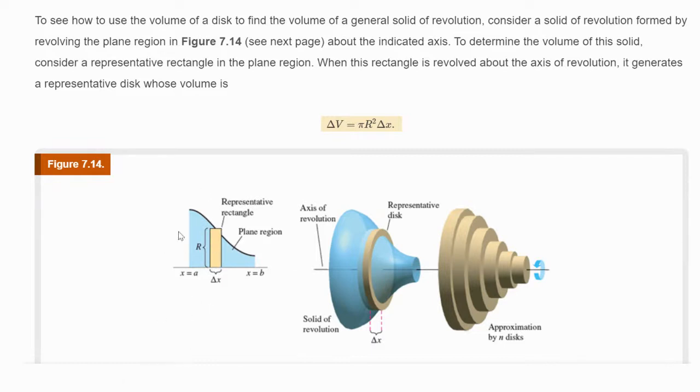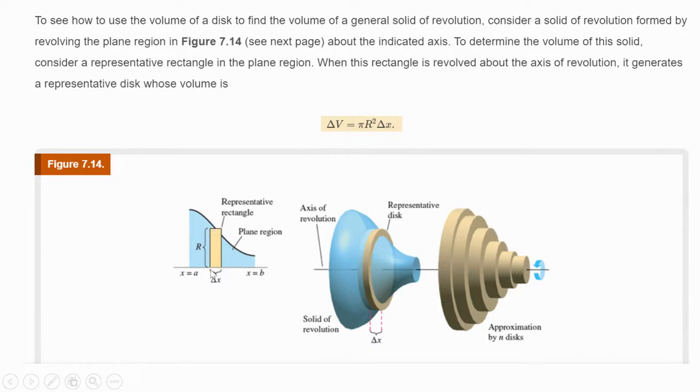So when you're looking at this, I'm going to be drawing a representative slice here. I talked about how drawing these slices is useful, and you'll see that throughout today's lecture. So if we draw this slice this way, and notice it is perpendicular to what we're going to say is the axis of revolution, then the height of the rectangle is given by this.